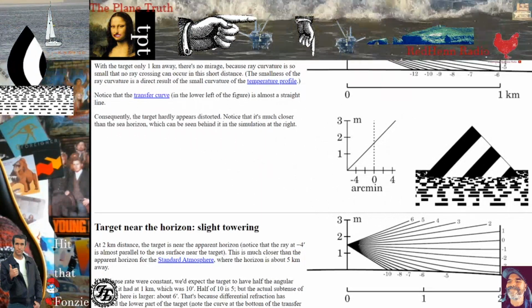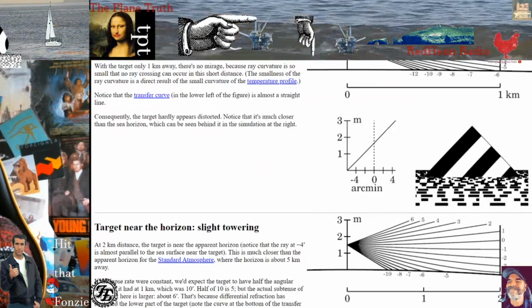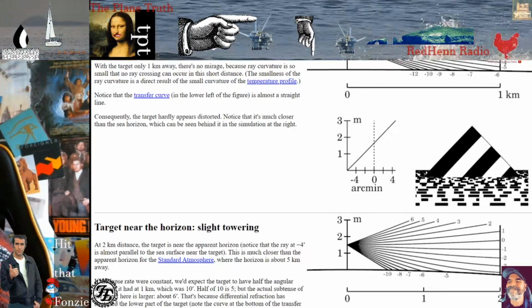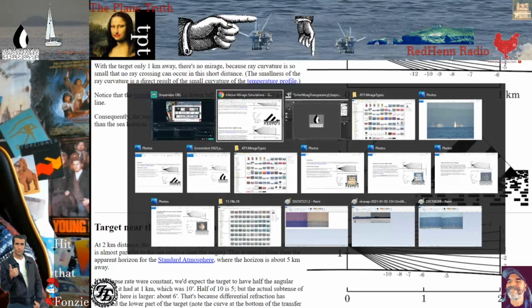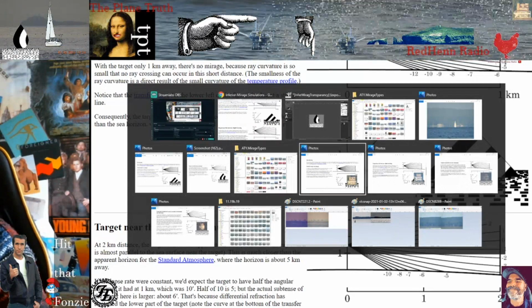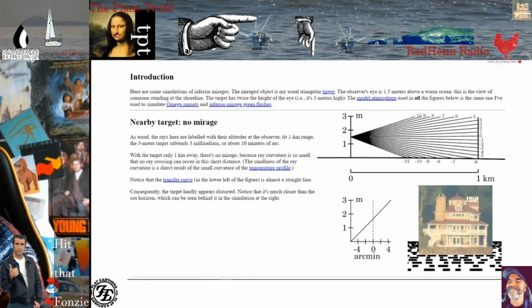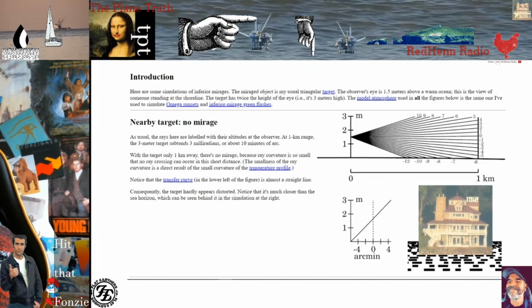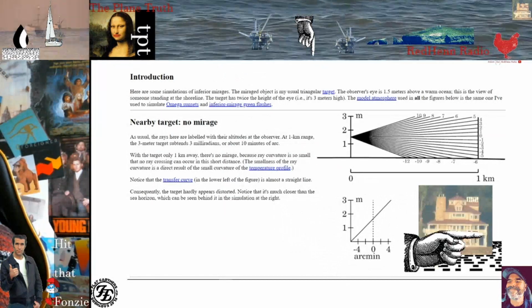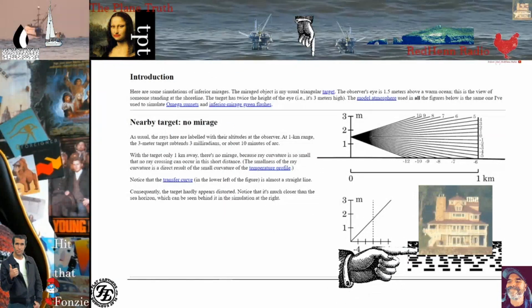So let me do this and then switch back over to my creations. All right. So this is the demonstration of the image without an inferior mirage, okay?